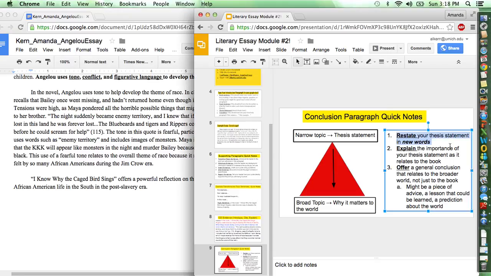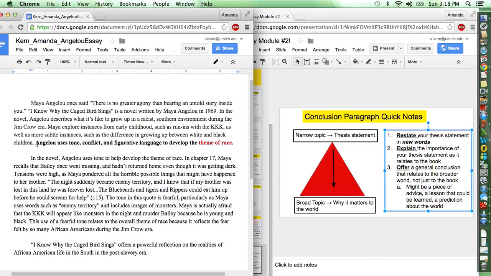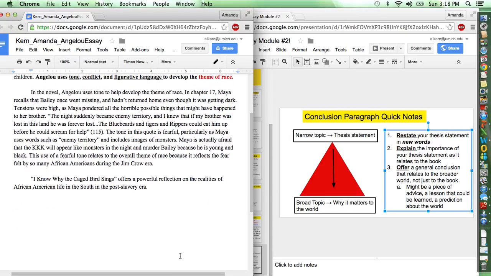The next thing I want to do is begin to reconstruct my thesis statement. If we go back up here, we'll see that my thesis statement included elements of tone, conflict, and figurative language. So the next thing I'm going to do is connect that to my overall theme of race.